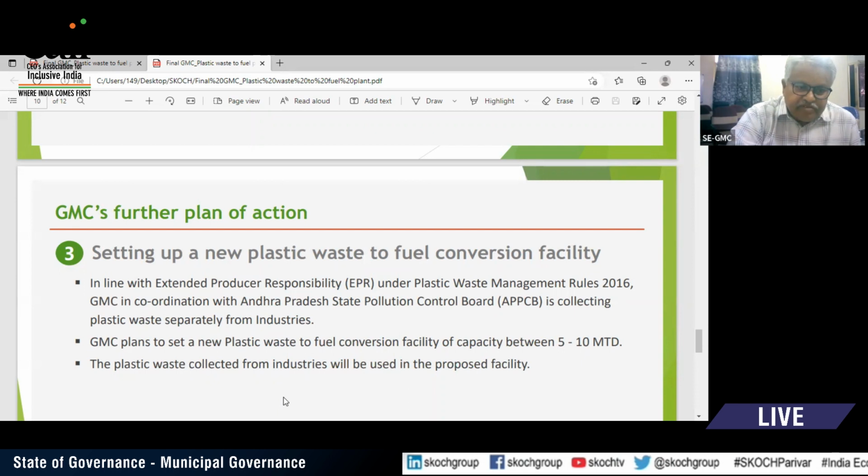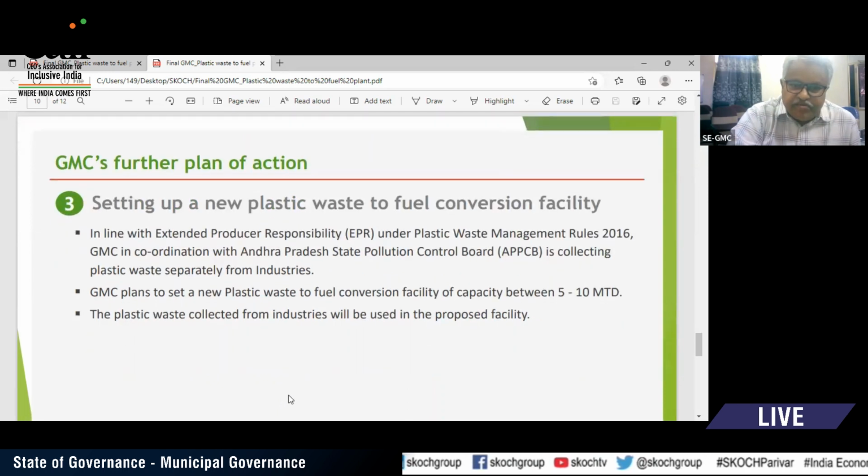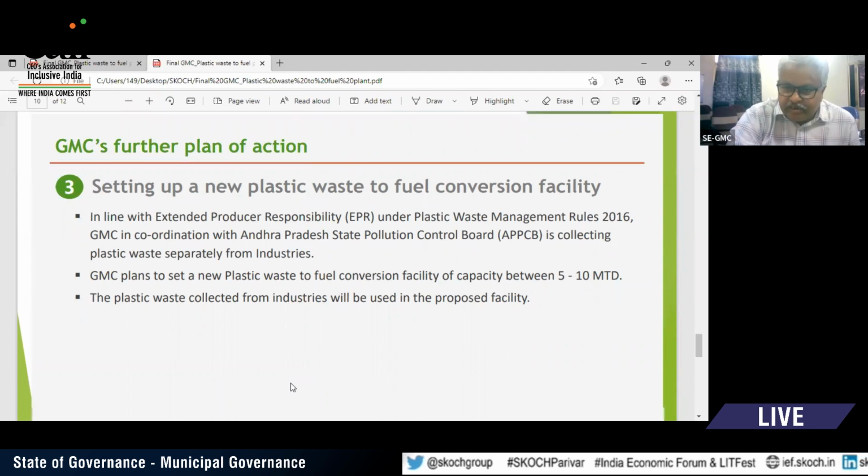GMC plans to set up a new facility at a capacity between 5 to 10 tons per day with the help of the Andhra State Pollution Control Board. The plastic waste collected from the industry will be used in the proposed facility, sir. As of now, we are using raw material collected from our solid waste management. So we are not collecting any plastic waste from the industry, sir.